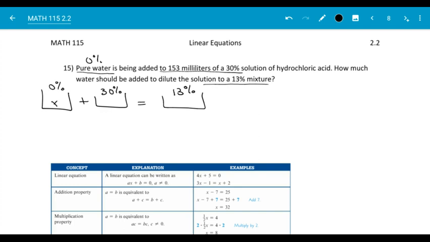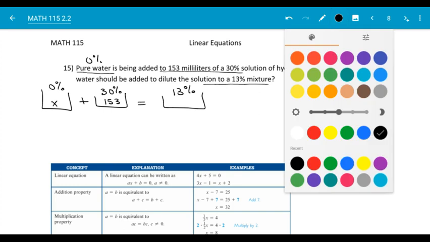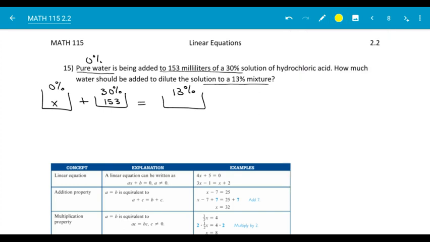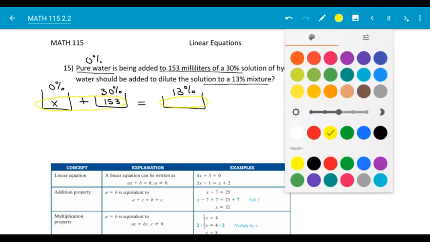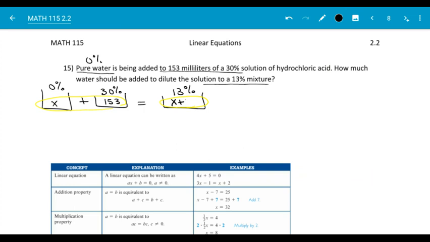I don't know how much water, that's actually what the question asked me, how much water should be added to 153 milliliters of 30%. Now, how do I know how much is in the end? Well, if I add these two things together, it's going to give me how much is in this bucket. So it's whatever my water is plus the 153 that was already there.